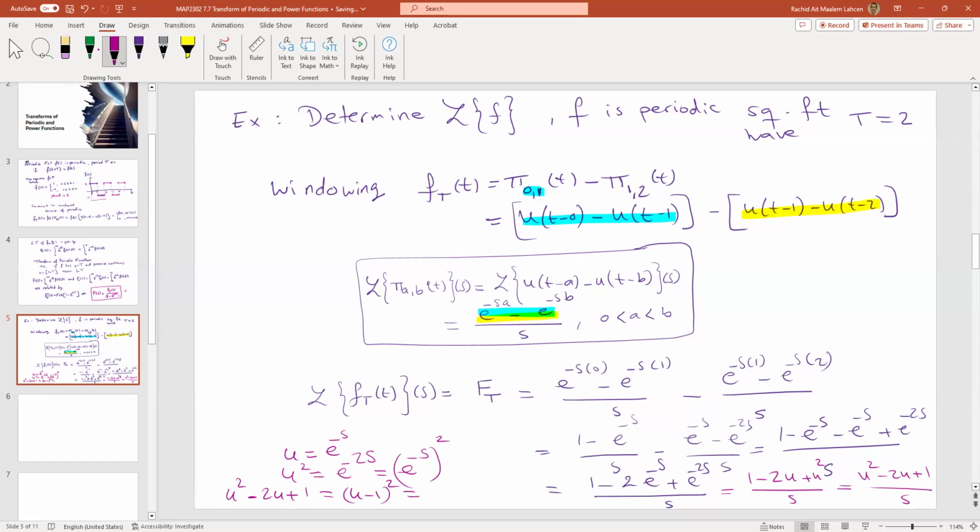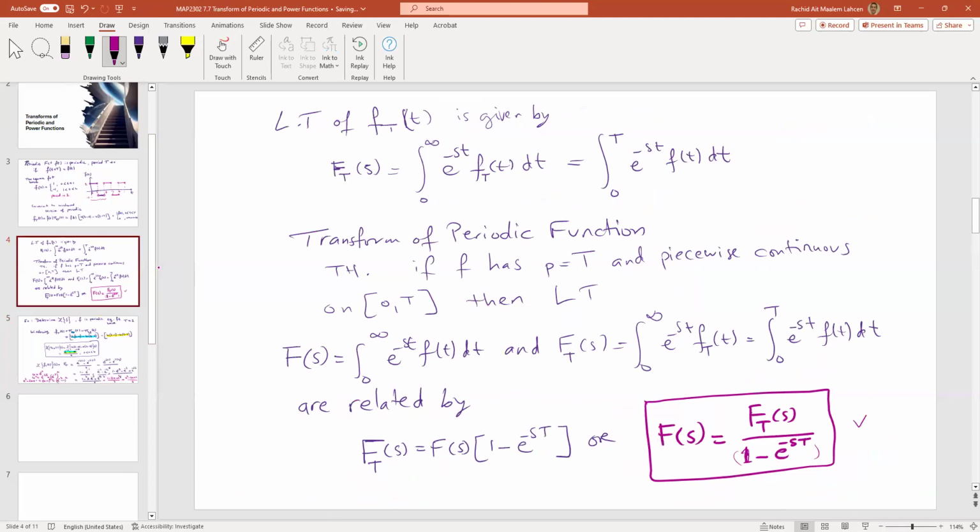So I'll take it back to the exponential form: exponential negative s minus 1, squared. I'm trying to keep this pace so you see the thinking you will need to do, keeping in mind this formula, where you have 1 minus the exponential, not the exponential minus 1.